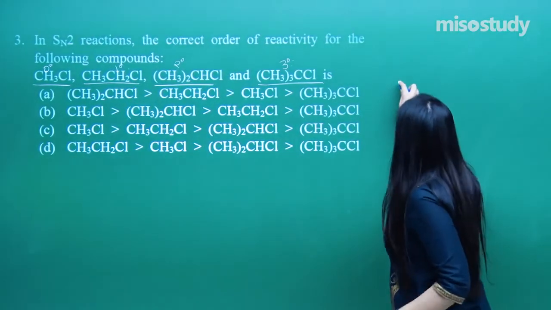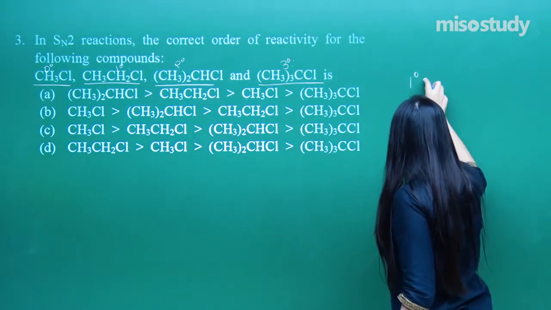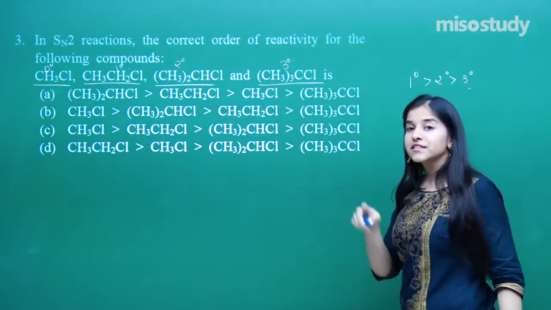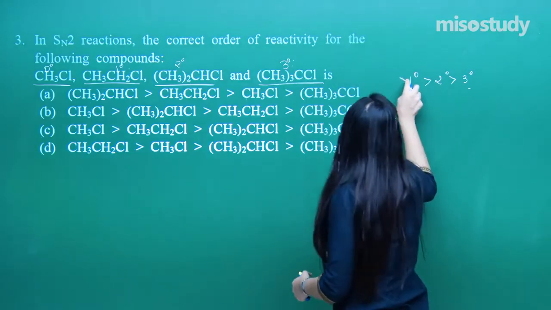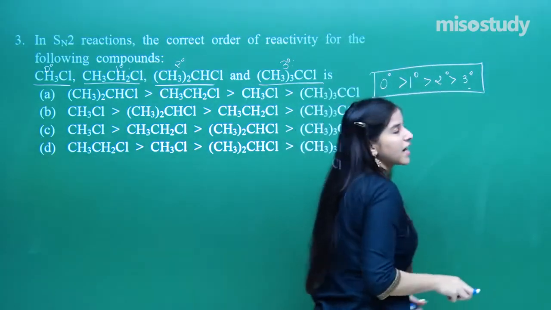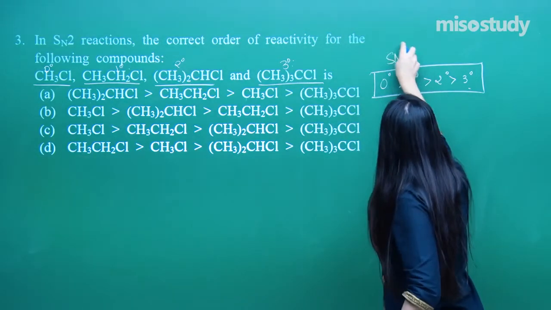What is it? It is the primary carbon, secondary and tertiary. And in the cases where the 0 degree carbon is also taken, it would have the highest reactivity order. Why? Because this is the order for SN2.